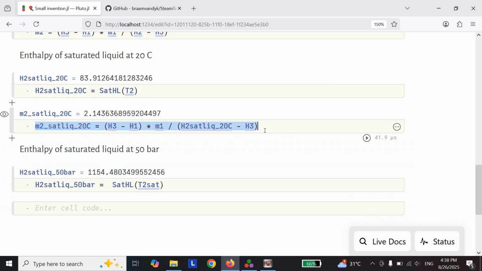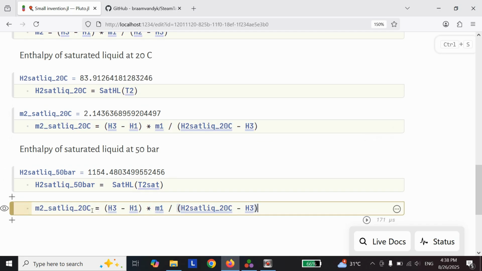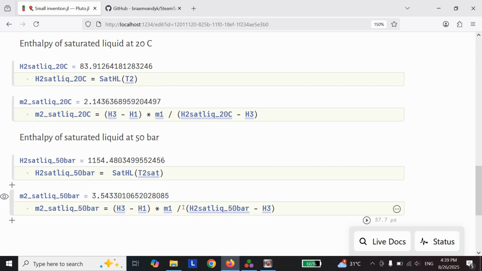And then recalculate the mass flow rate, changing here to 50 bar and using the corresponding enthalpy at 50 bar. Rerun the code. You see that now the error is significant.